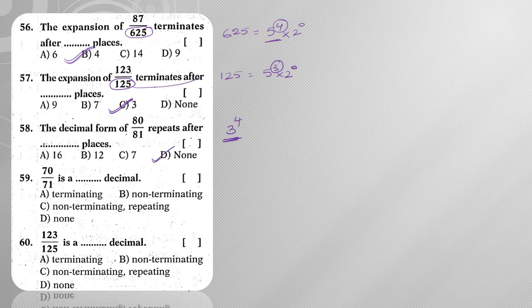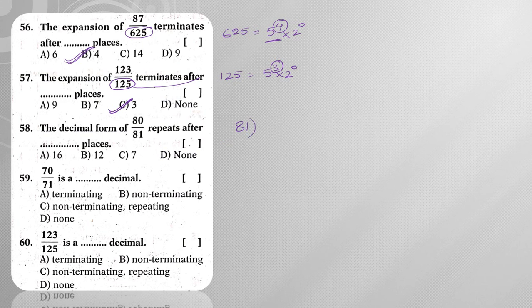Hence it never terminates. Sorry, the question is: the decimal form of 80 by 81 repeats after how many decimal places? So that is the question.